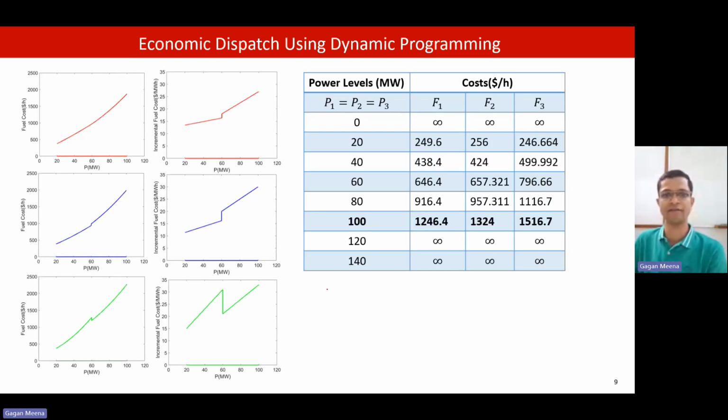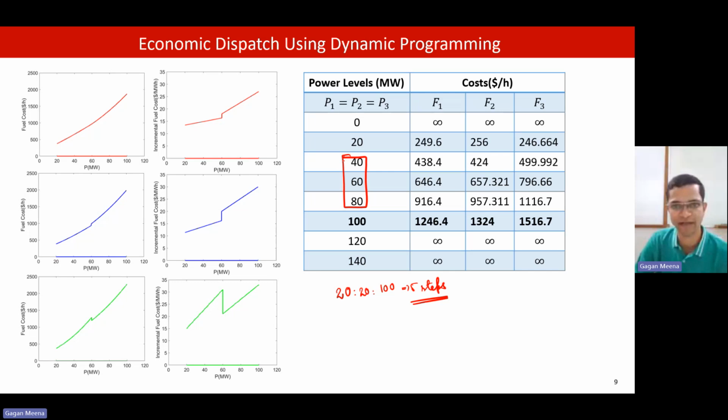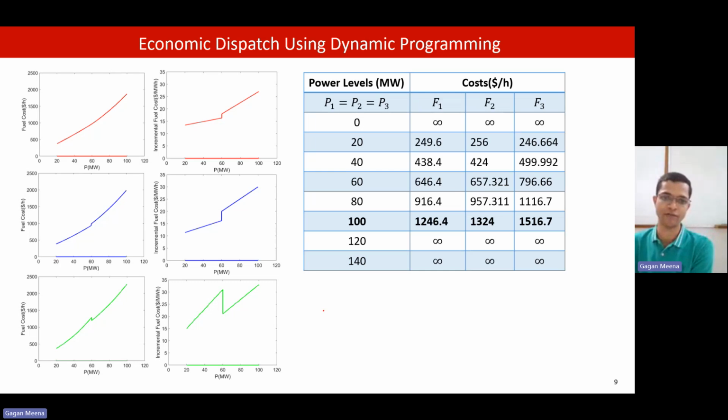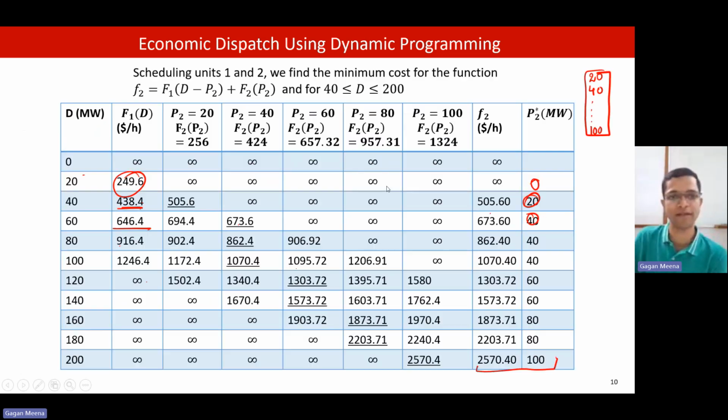Therefore, for each generator, from minimum to maximum with a step of 20, we get a total of 5 steps. 3 additional steps excluding the minimum and maximum values. These are those 3 steps. For all these 5 steps, we can calculate the cost. But if you want to know the cost for generation in between these steps, then we can interpolate.